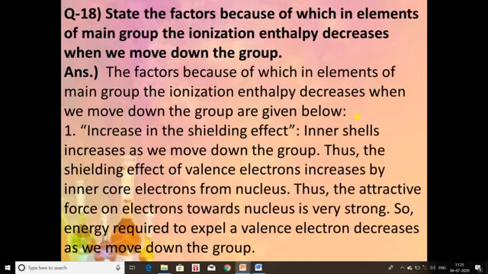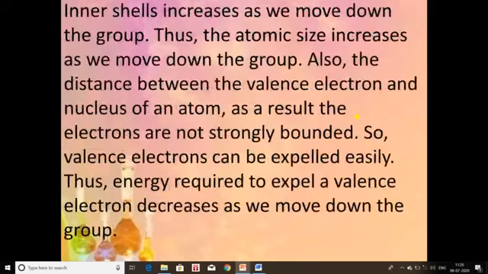Inner shells increase as we move down the group. Thus, the shielding effect on valence electrons by inner core electrons from the nucleus increases. Thus, the attractive force on the electron toward the nucleus is weak. So, the energy required to remove a valence electron decreases as we move down the group.